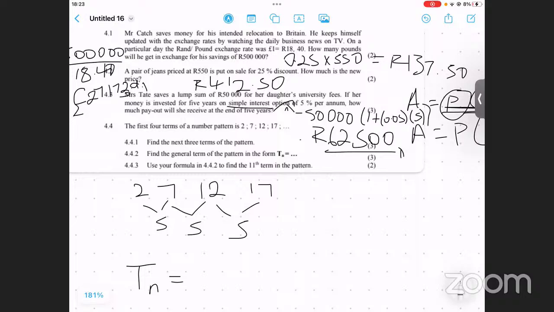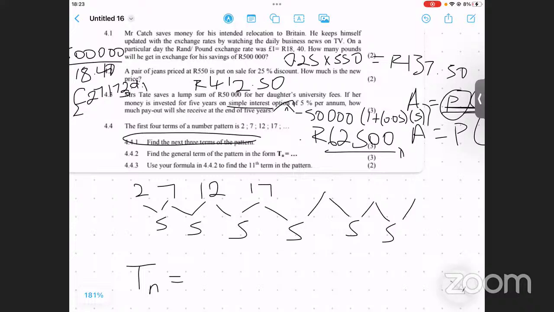Yes, ma'am? We just want the 3 terms, not the general formula, okay? Yeah, we want the next 3 terms.